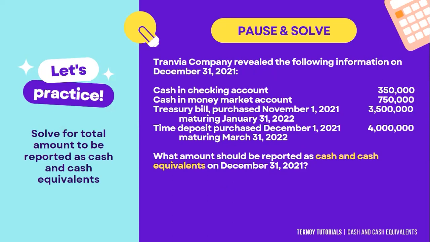And time deposit, purchased December 1, 2021, maturing on March 31, 2022, for 4 million. Question: what amount should be reported as cash and cash equivalents on December 31, 2021?